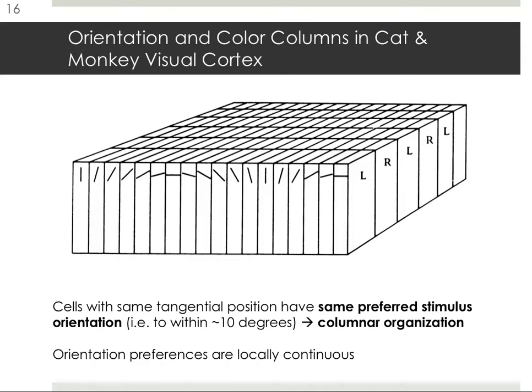However, the input from the left and right eyes, the left and right retinas, are actually interdigitated, right? So you can have one column of your visual cortex being responsive to left ocular input, and the next column being sensitive to the right, and so on.